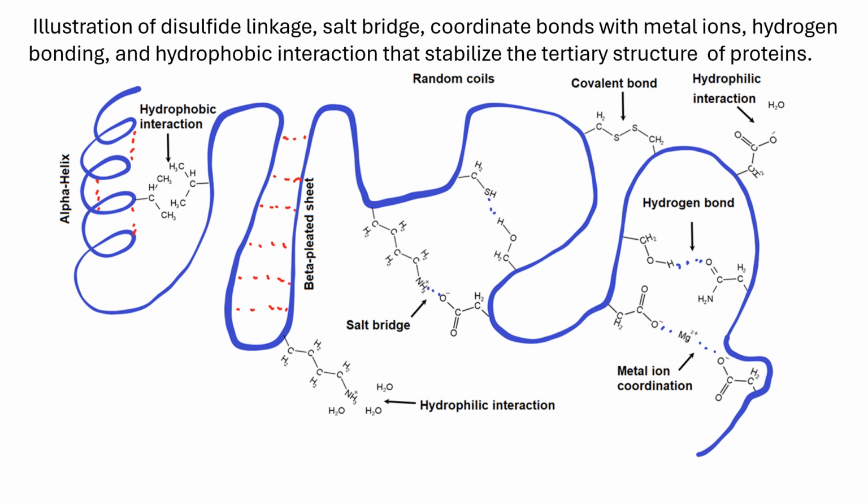Here is an illustration of disulfide linkage, salt bridge, coordinate bonds with metal ions, hydrogen bonding, and hydrophobic interaction that stabilize the tertiary structure of proteins, right?